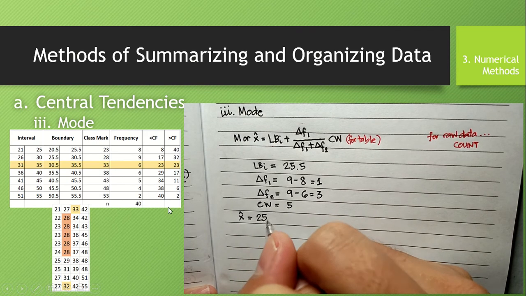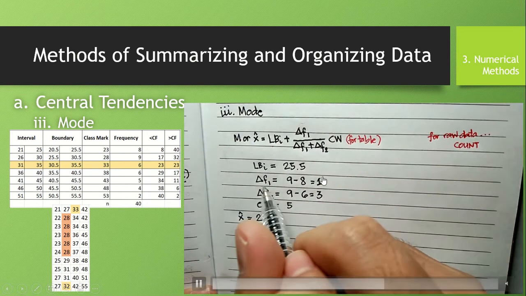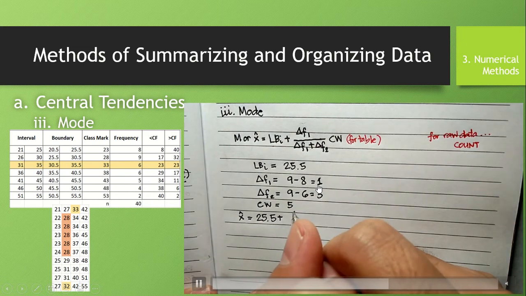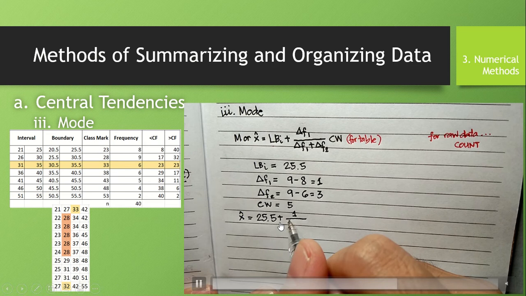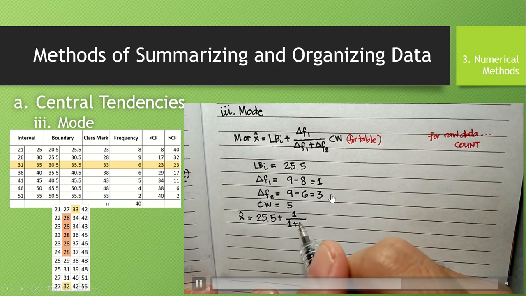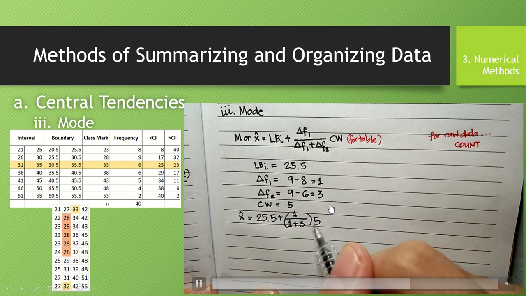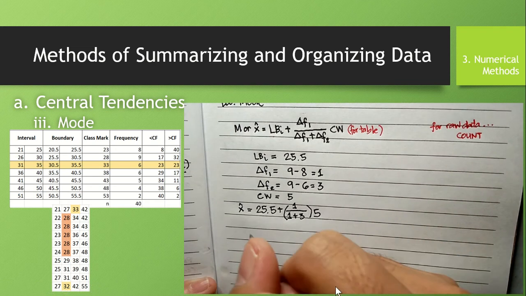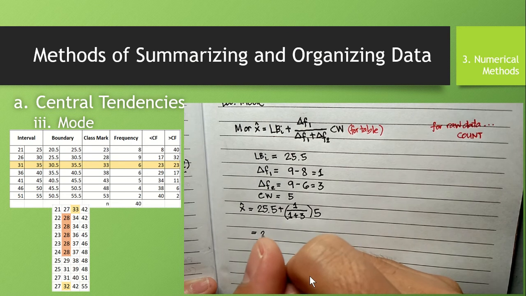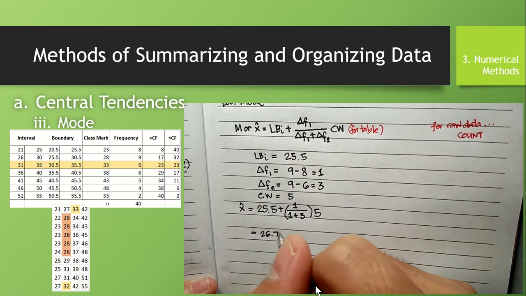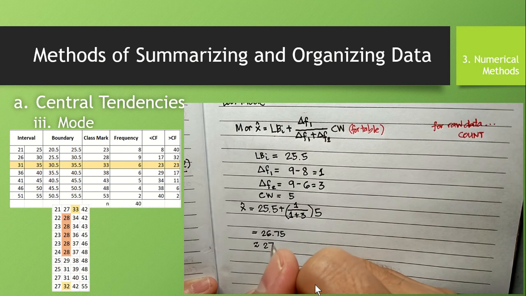Then substituting all of the values, you have 25.5 plus delta f sub 1, which is equal to 1, divided by 1 plus delta f sub 2, which is equal to 3. Then multiply the term by the class width, which is 5. Then we'll get 26.75. We can approximate it to 27.